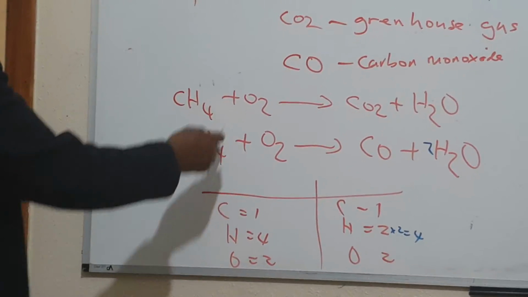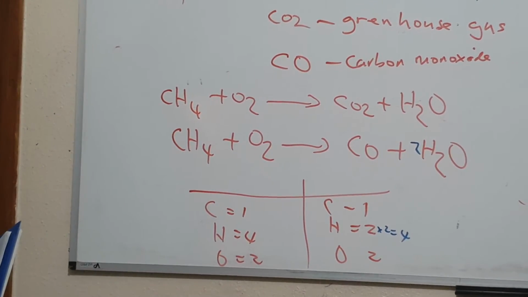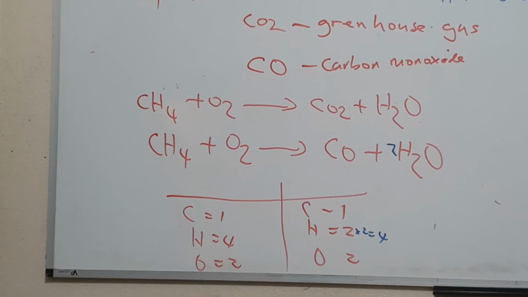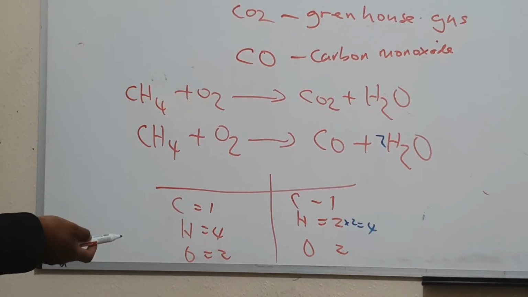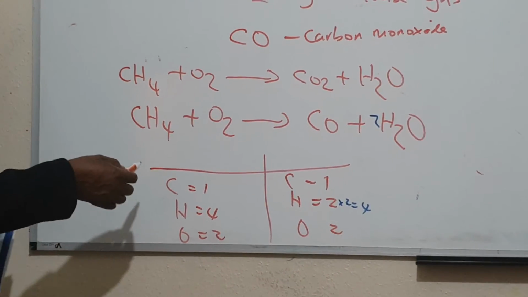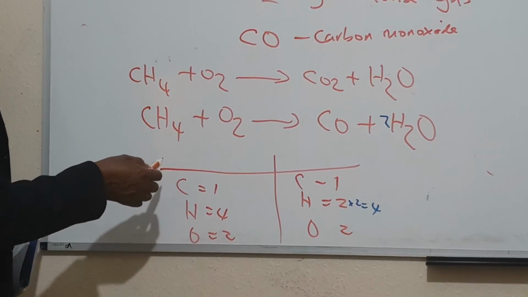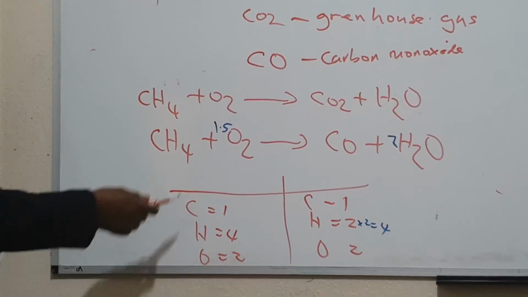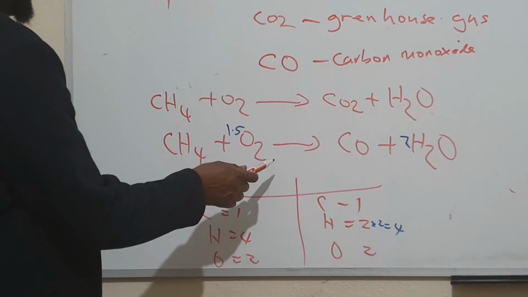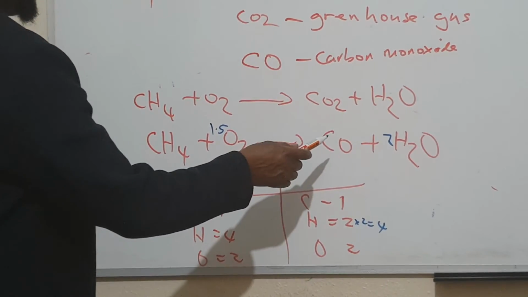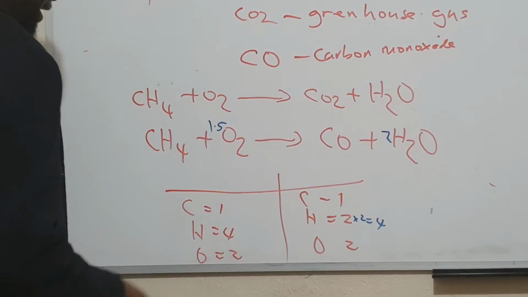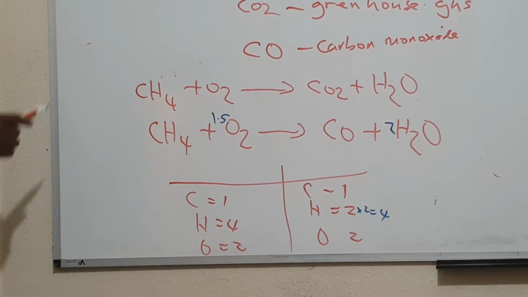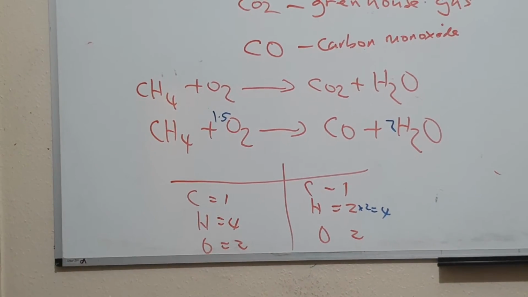We can make oxygen 3. The only way we can make it 3 is to make this 1.5. Then oxygen is 3 here. But when balancing equations, you can't have 1.5.